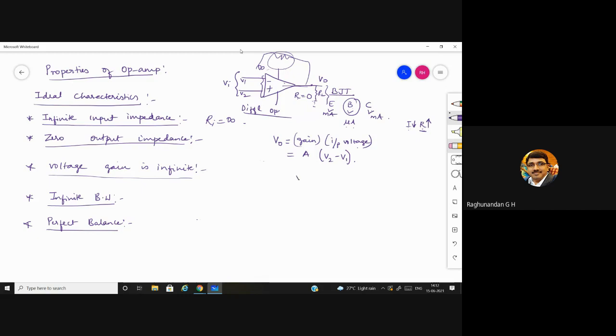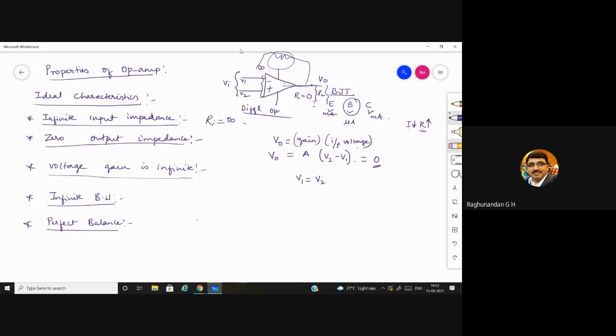Suppose you give V1 and V2 equal voltage. What will be the output voltage according to this formula? Zero. The output will be 0. But this is only ideally possible.